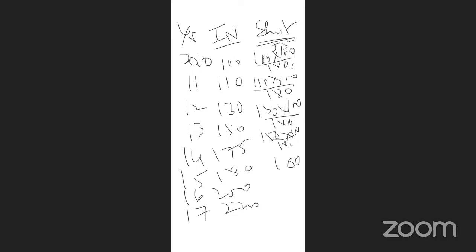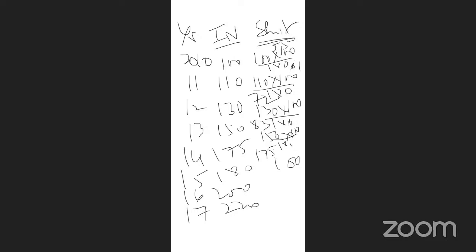Okay, I'll take it as 61 rounded off. 130 into 100 divided by 180 is 72.2. Okay. The next, 150 into 100 divided by 180 is 83.33, 83. Then 175 into 100 divided by 180.